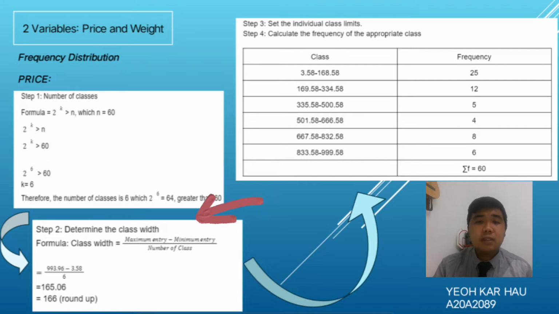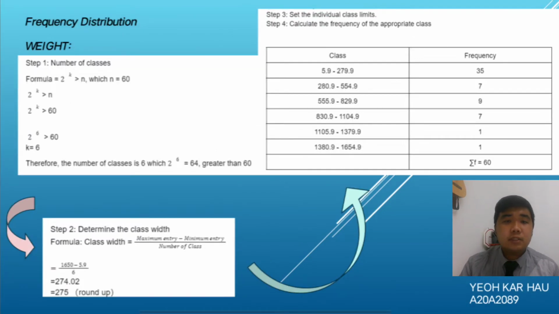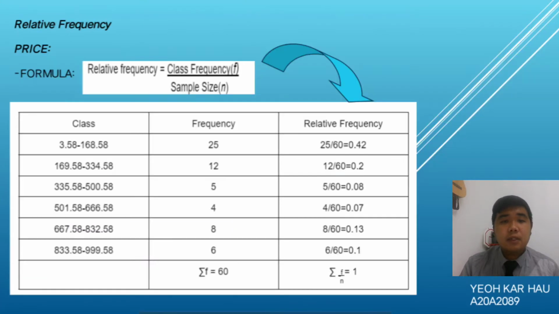Then we must determine the class width using the formula: maximum entry minus minimum entry divided by the number of classes. So the class width for price is 166. So we can make the table as on the slide. For the frequency variable, we use the same formula, just the class width is different, which is 275. Next, we calculate the relative frequency using the same table.